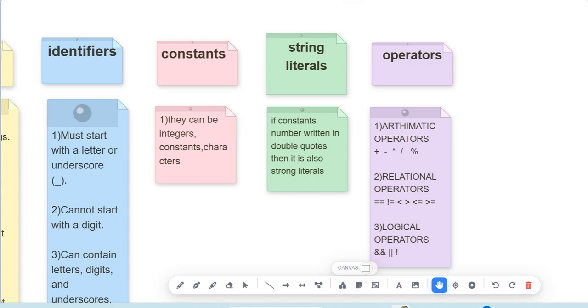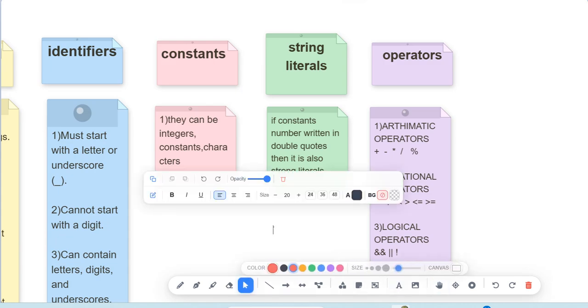Next, coming to the string literals. String literals are those which are written between two double quotes. Either it can be something like "hello", which is considered a string literal, or "C program", which is also considered a string literal.